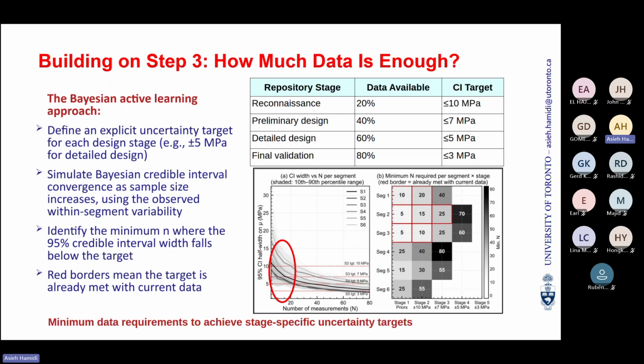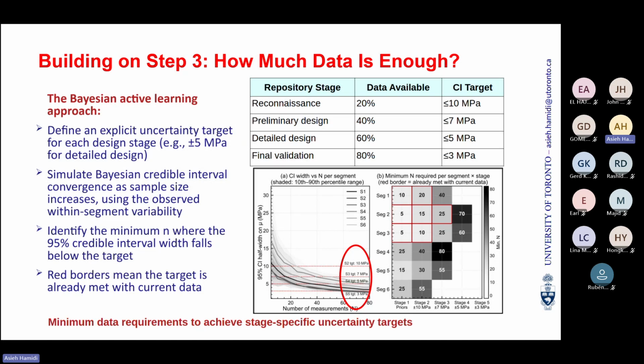We look at different stages, meaning different percentages of data availability. For stage 2, we have the target of 10, and here it shows the target. Initially, when the data is not a lot, we won't get the uncertainty and precision that we are expecting.